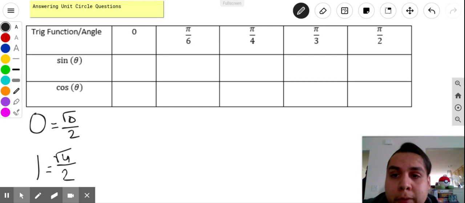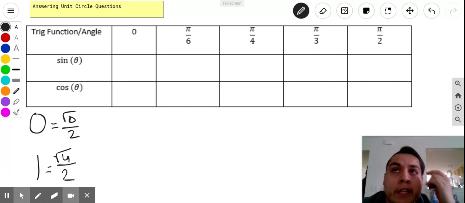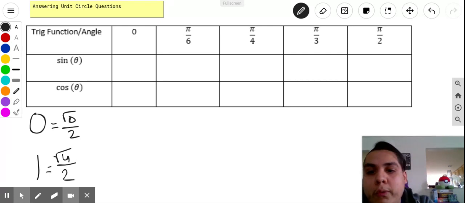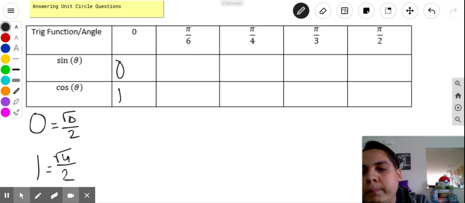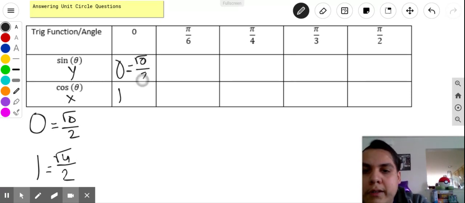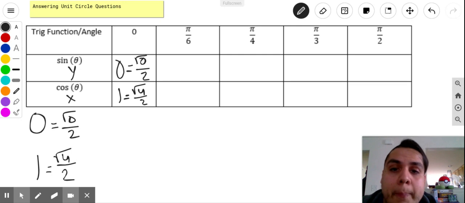So if you think about when you have 0 radians, 0 radians corresponds to the point (1, 0), right? Because cosine produces an x value, sine produces the y value. So I could write this as square root of 0 divided by 2, and I could write this as square root of 4 divided by 2. All right.